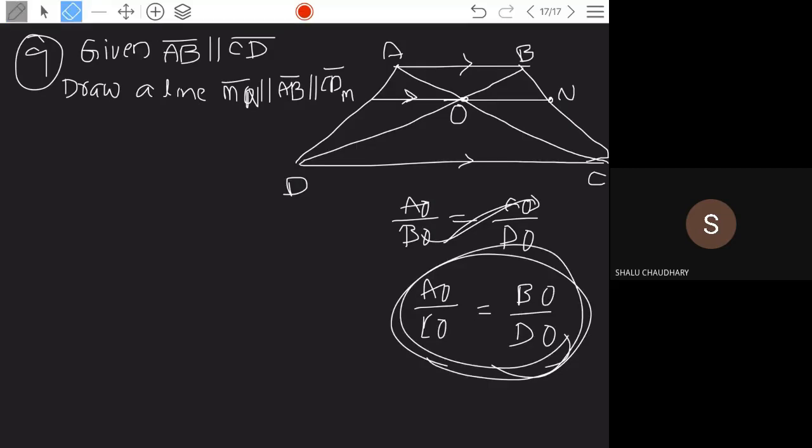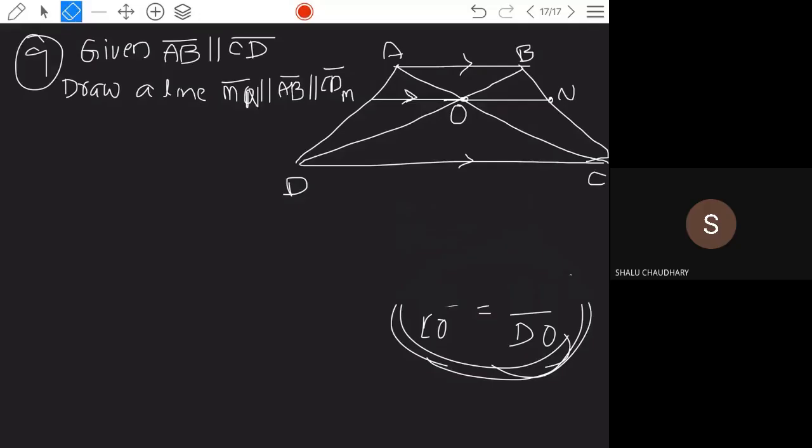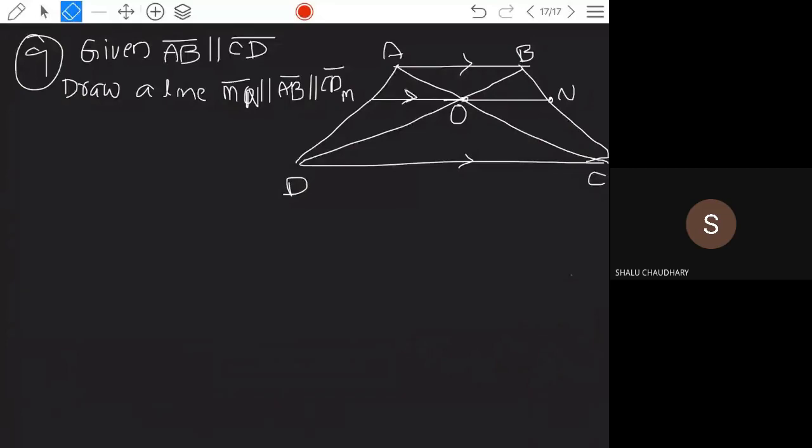Why? Because if you consider this, how is it possible? AO by CO is equal to AM by MD.